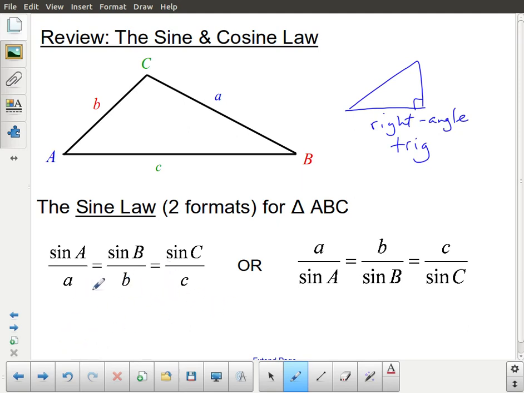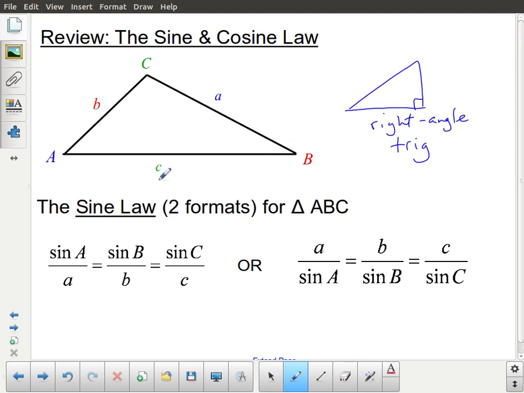The sine law is one of the few relationships that we discuss in class that is expressed this way, which is with multiple equal signs. The sine law talks about the ratio of the angle to the opposite side, and in particular, the ratio of the sine of the angle to the opposite side.